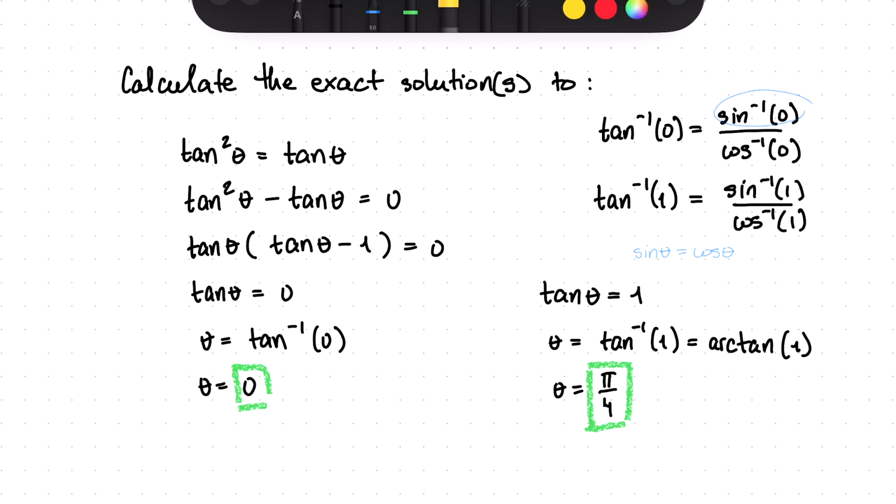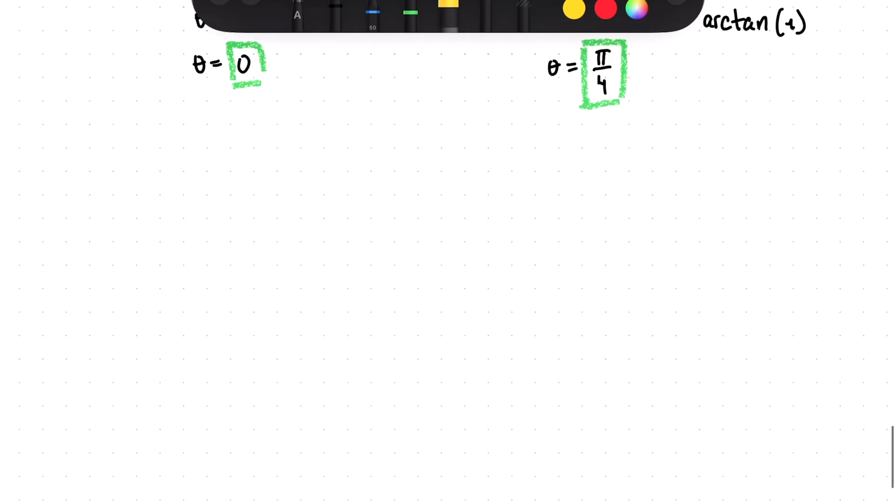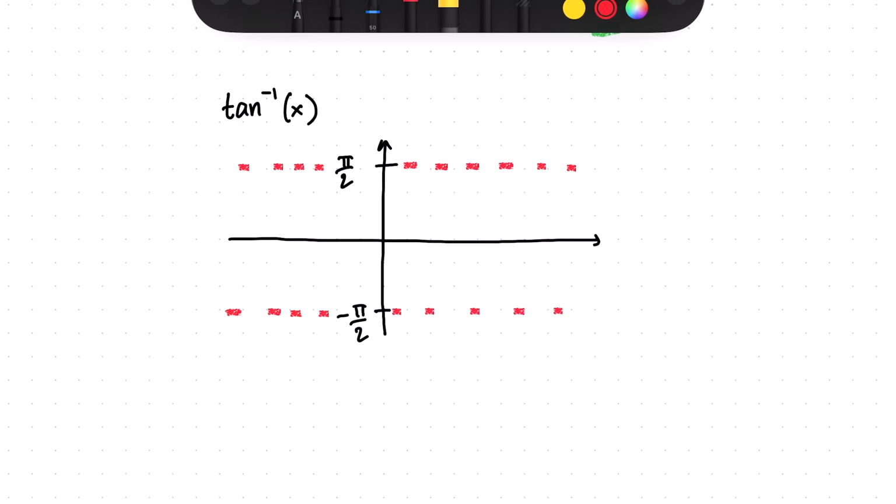You might be asking, why aren't we adding 2 pi like last time, and why aren't we doing that infinite thing? Let's draw out the inverse of the tangent function. Like I said, cosine cannot be 0, so that gives us the information that there's an asymptote at pi over 2 and at negative pi over 2. And the tangent function looks like this.